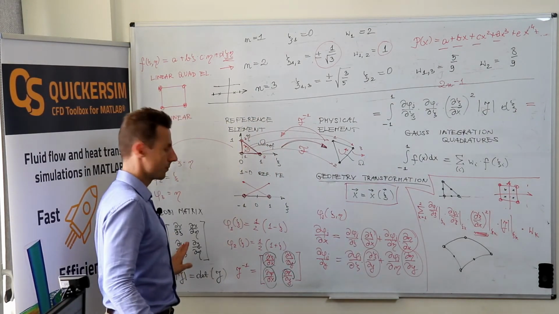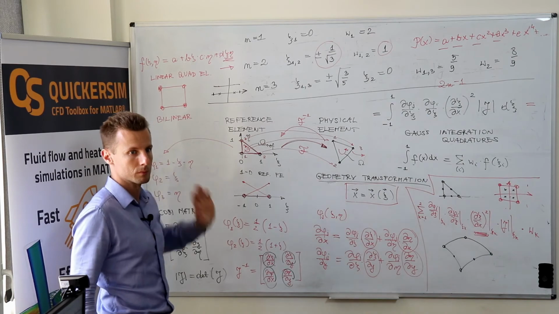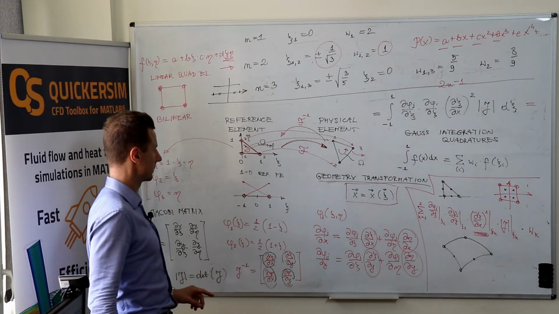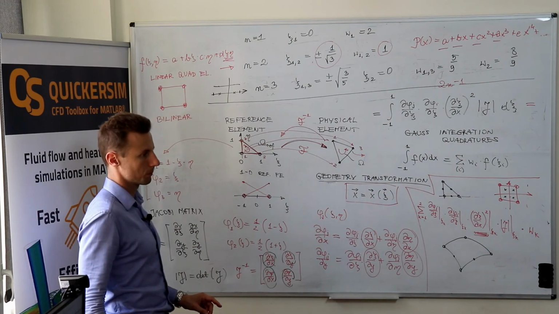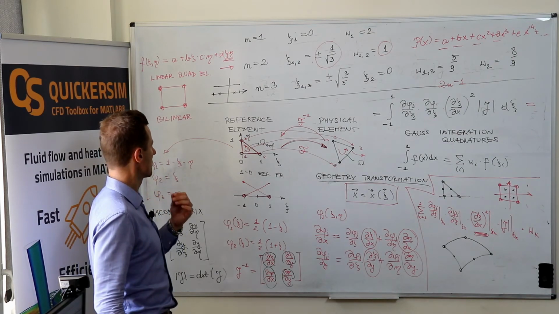But it won't be constant, because every point will be transferred in a different manner. So it will be like a function. Yeah, like 4 functions in fact. I mean the Jacobi.